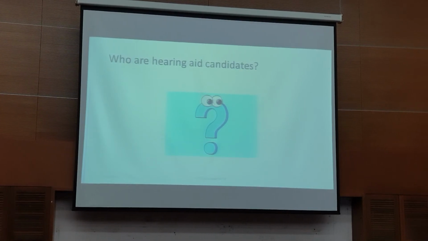Dulu kita probably tak consider pun them. But for SSD, they're probably looking at BAHA, or there are other options as well. But of course they can start with hearing aids if you want to.